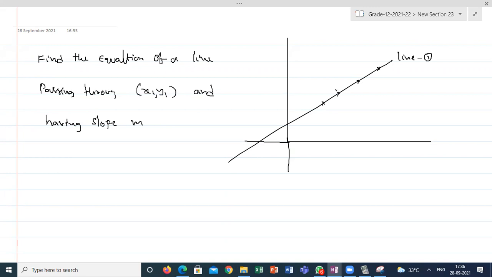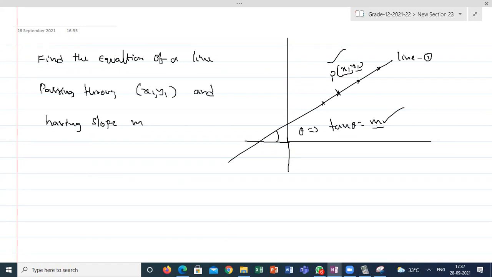That means they gave one particular point. It is passing through point P, where P is (x1, y1), and the angle of inclination is theta, such that tan theta is equal to m. I am given this m value and this P point. Then how does it look in terms of x1, y1, and m? How can we represent the equation of the line?